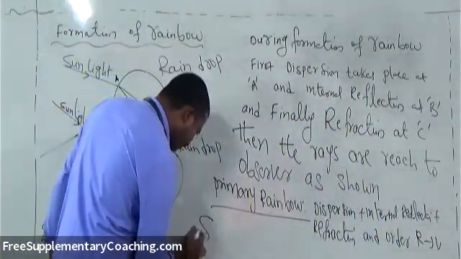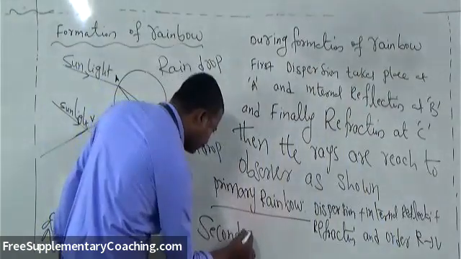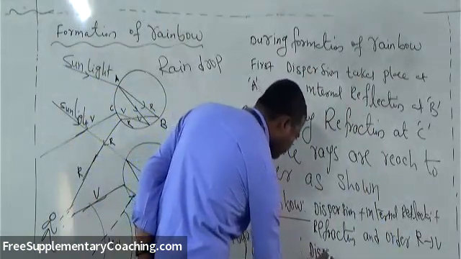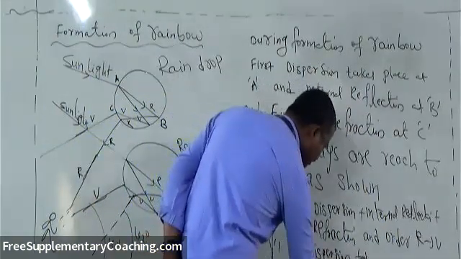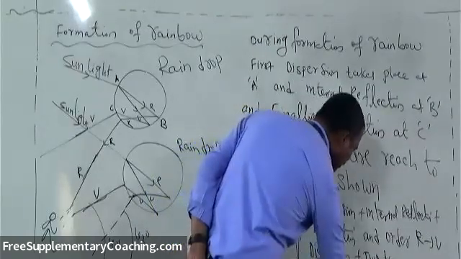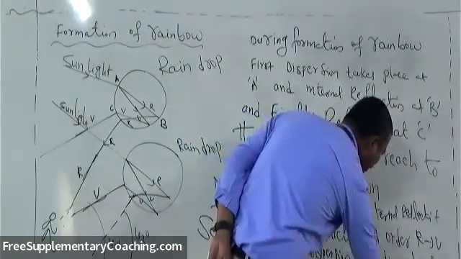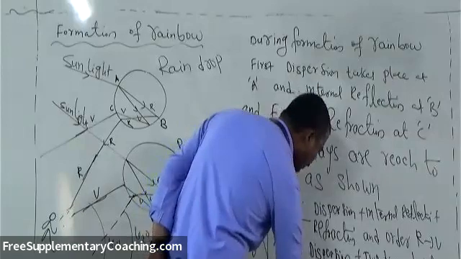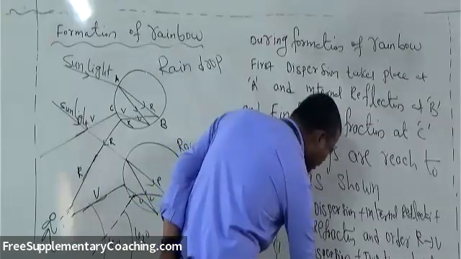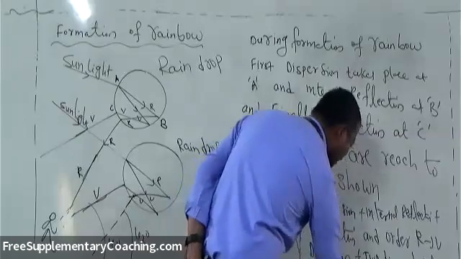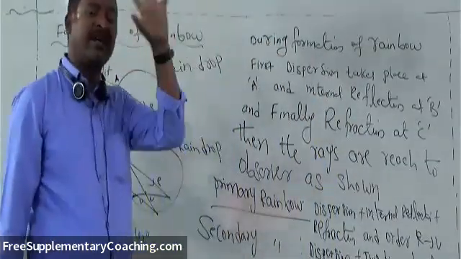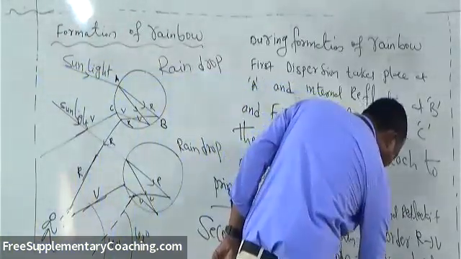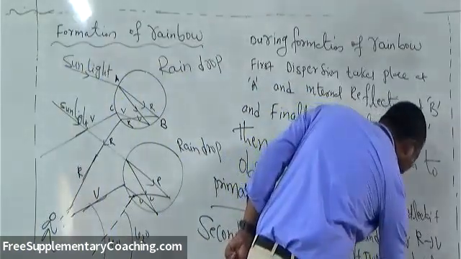In secondary rainbow: dispersion plus 2 times internal reflection and plus refraction as usual. That means only one more extra internal reflection is taking place in secondary rainbow. Due to that, the order of colors is reversed. The order will be violet to red color.